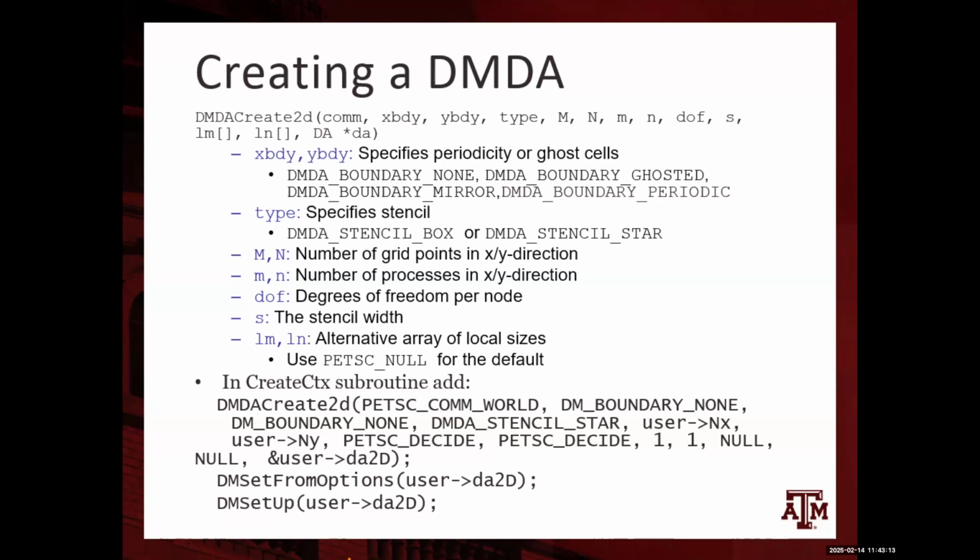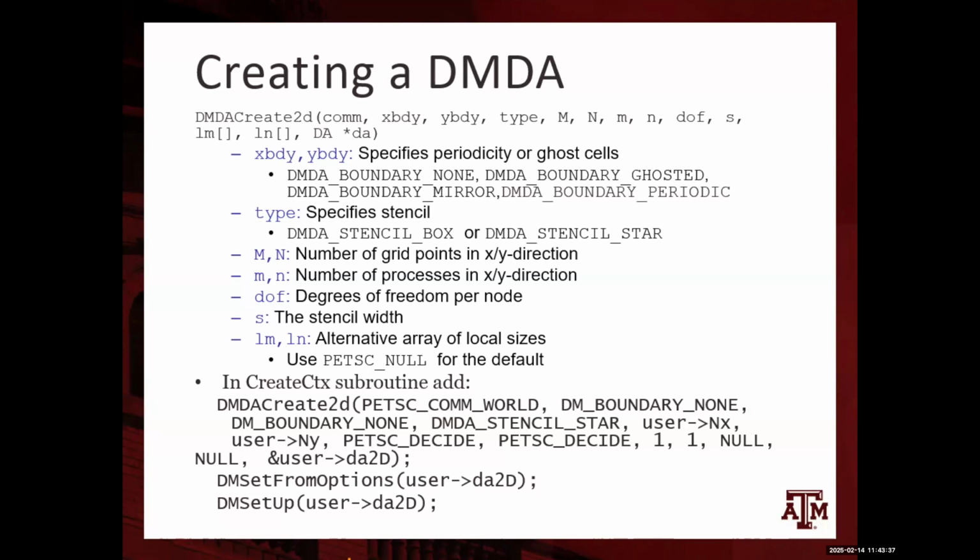So the inputs: the communication is your PETSc comm world. X boundary and Y boundary are for what if you have a periodic boundary condition, a ghosted boundary condition, or a mirror boundary condition.